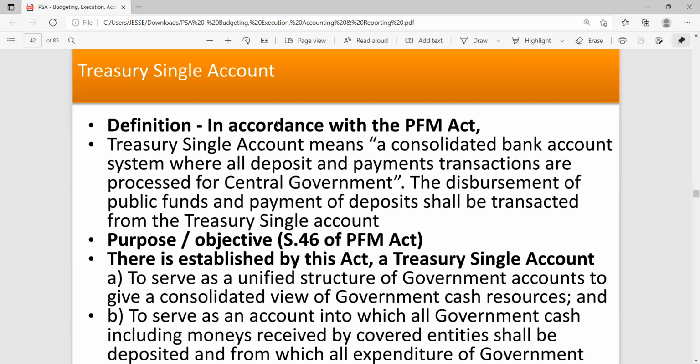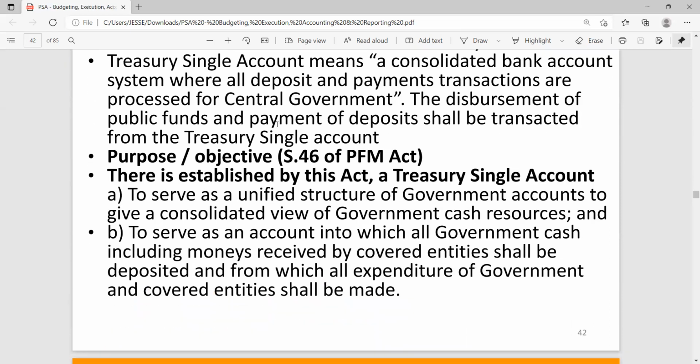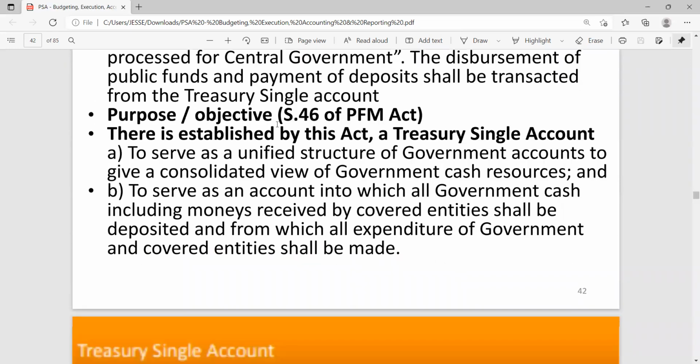When a disbursement of public funds is made, it shall be transacted from this Treasury single account. The name single means one, right? And that's where you can kind of guess that it's a consolidated bank account system where all deposit and payment transactions are processed.